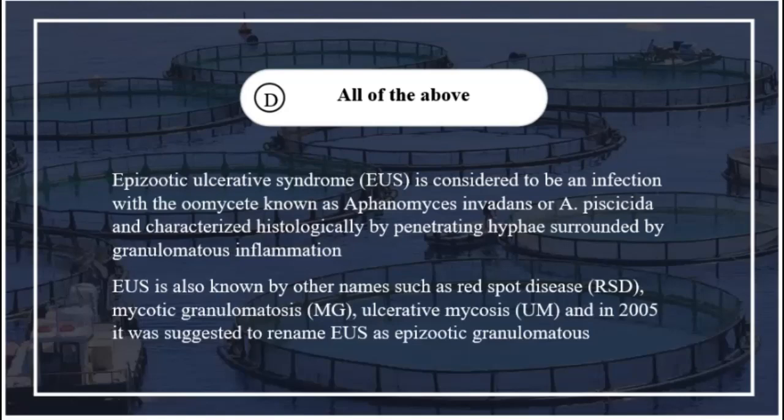EUS is also known by other names such as red spot disease, RSD, mycotic granulomatosis, MG, ulcerative mycosis, UM, and in 2005 it was suggested to rename EUS as epizootic granulomatous aphanomycosis, EGA, Baldic et al., 2005.